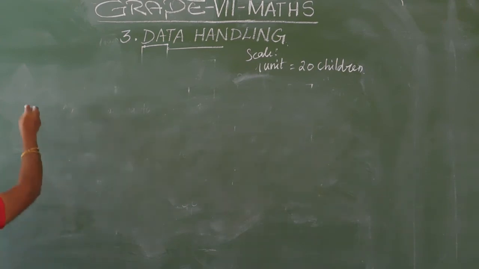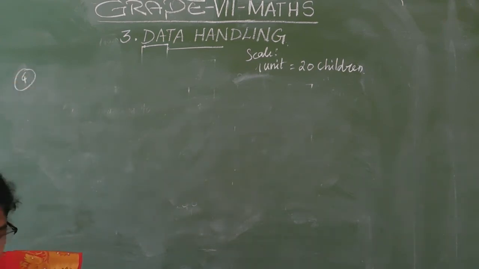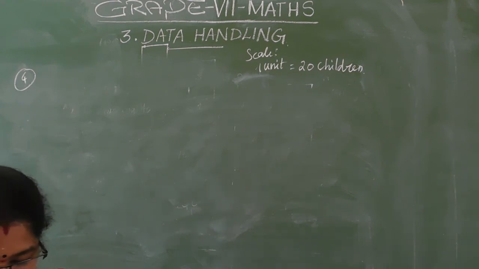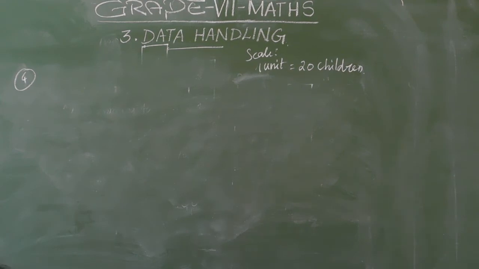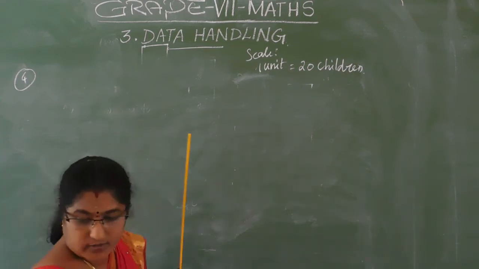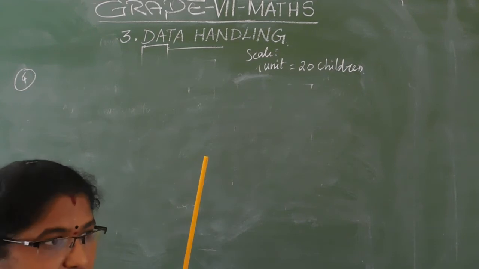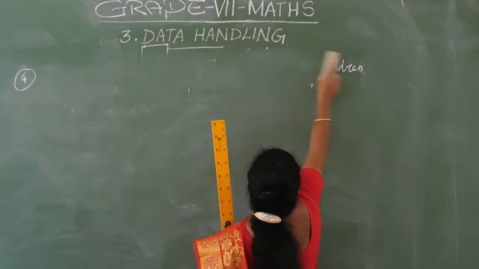Next question, fourth question. Subjects English, Hindi, Math, Science, Social Science, first term and second term. In graph as usual, x-axis, y-axis.